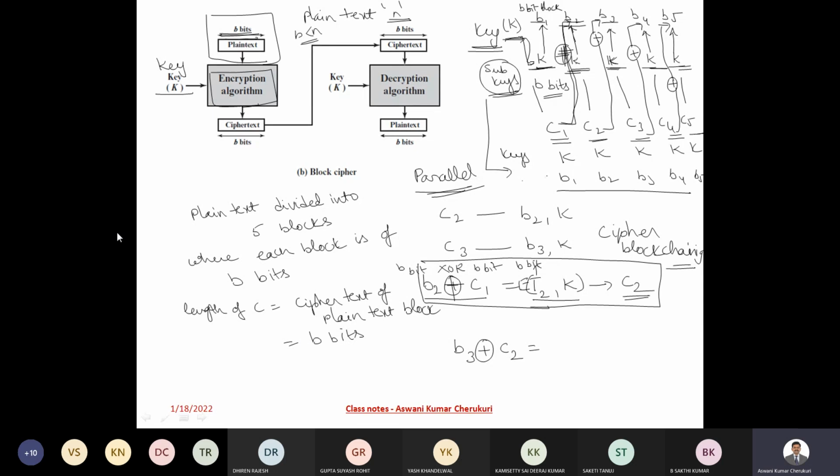Now the point is, if you see here, this is the stream operation where you take the plaintext alphabet by alphabet, and you take the key alphabet by alphabet, perform the encryption, and you get the ciphertext.